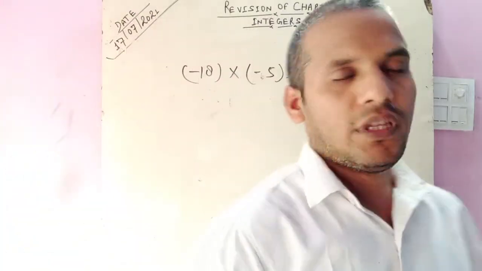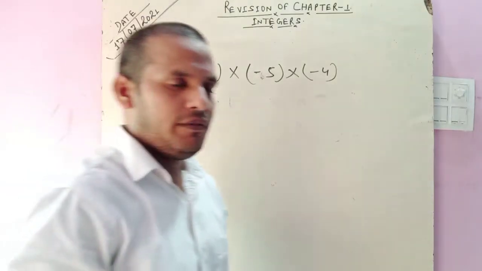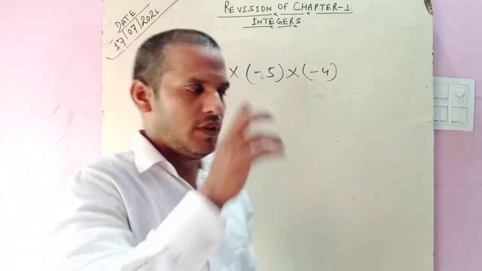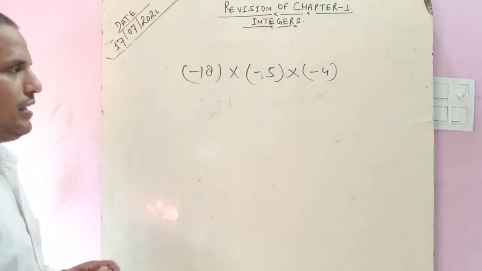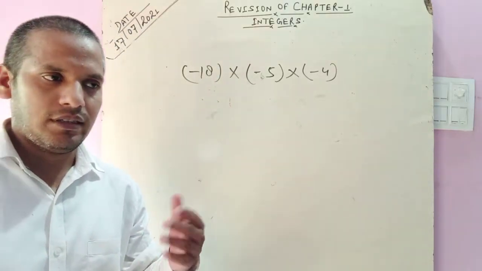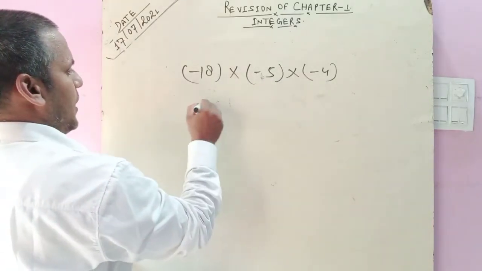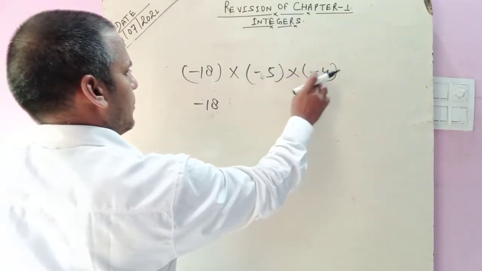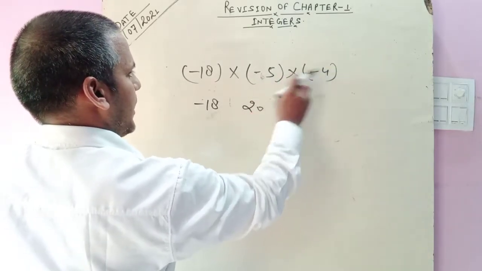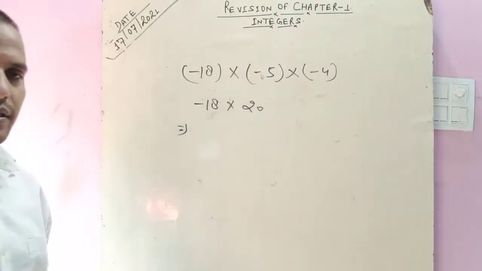Find the product using any properties. See, here are 3 terms. If there are 3 terms, then we can use the associative property. For 3 terms, we always use the associative property. In this property, we multiply any 2 terms, and after that we multiply the remaining term. Here we see minus 18. First we multiply 5 into 4, which is 20, and plus minus will be minus.